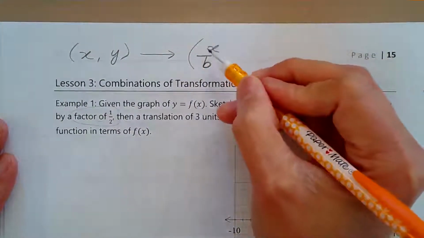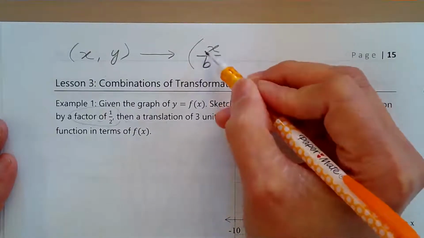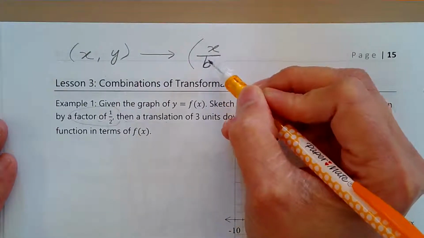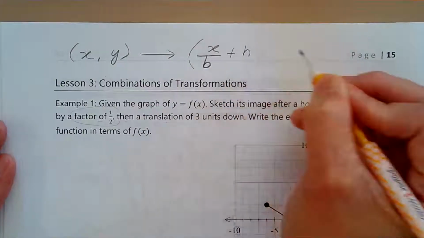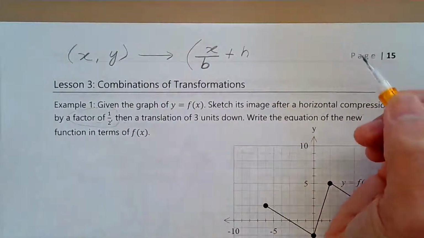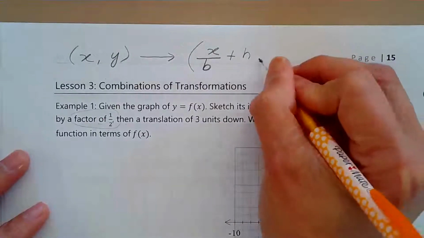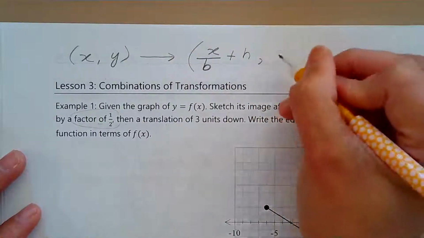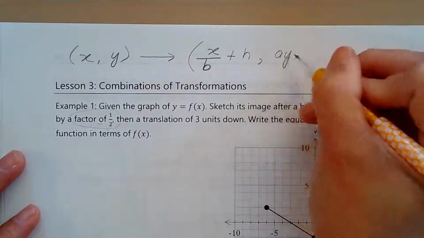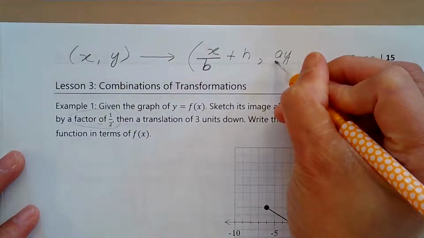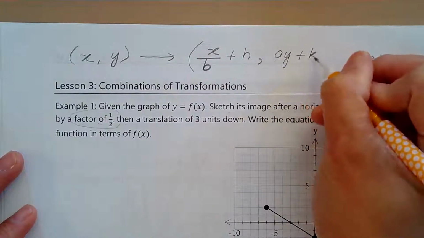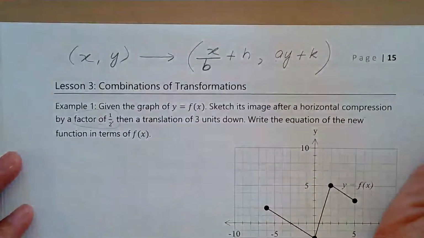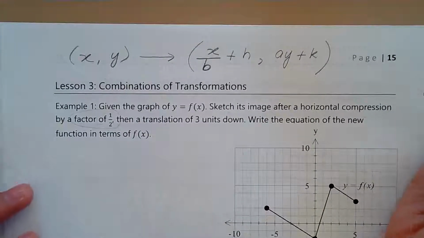It's going to be 1 over b but times x, so 1/b times x is just x divided by b, plus h, that's our horizontal translation, comma, a times y, that's vertical stretching or compression depending on the a value, plus k, a vertical translation.